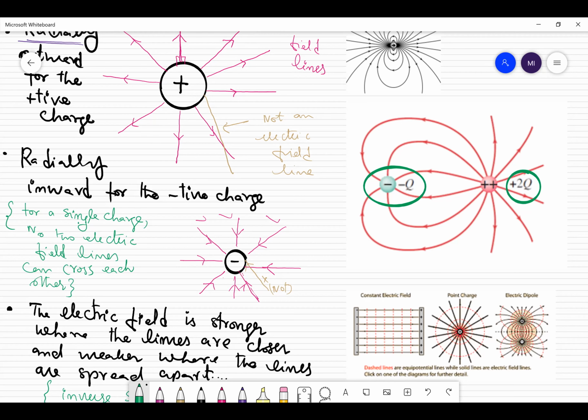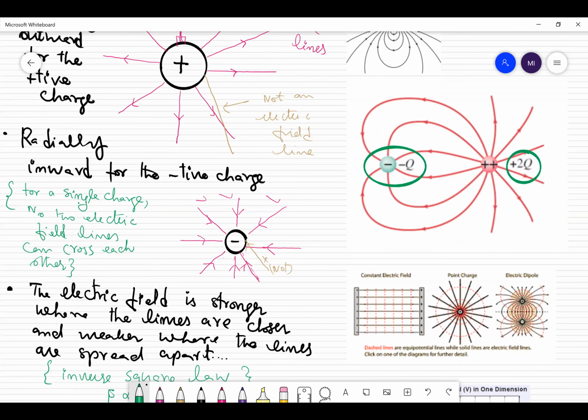You just see this thing here, it causes a kind of attraction. So this is how the electric field lines can be represented.